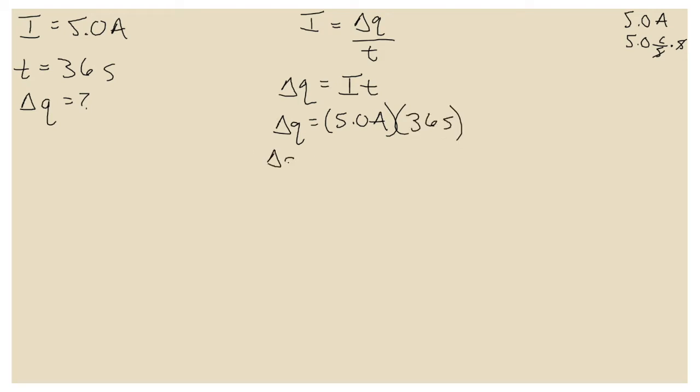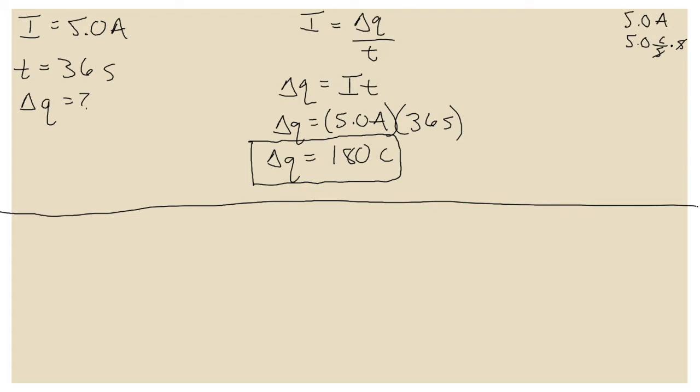When you do that math, 5 times 36, you get 180 coulombs. So there's your answer to part A. The charge is the current times the time, which ends up giving you 180 coulombs. And that should make sense because amps is measured in coulombs per second, and when we take that times seconds, we get coulombs.